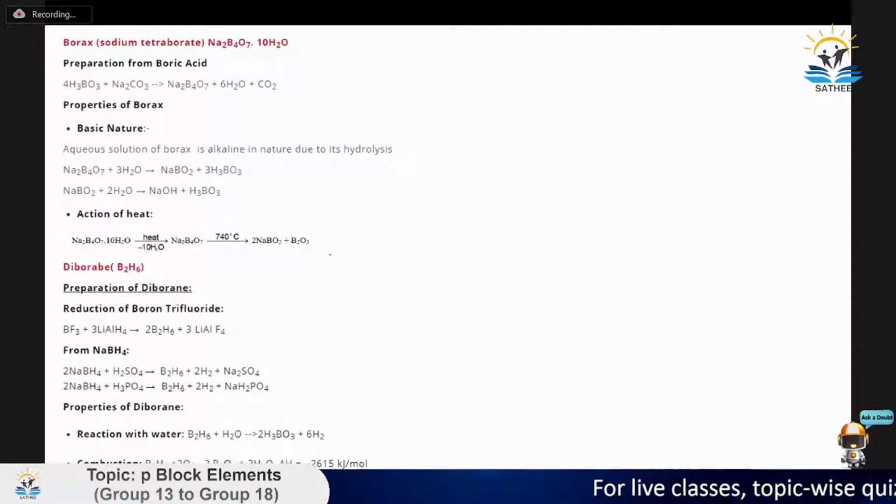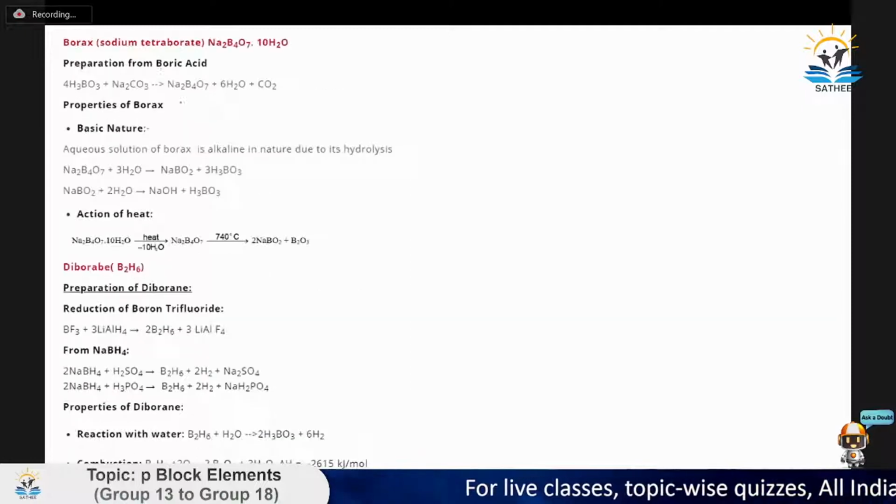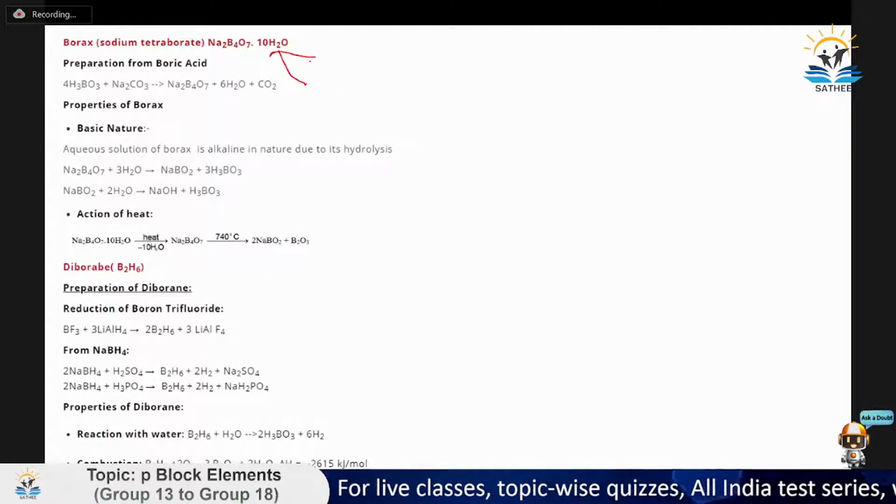Another one we talked about is borax. We saw borax over here, but this is dehydrated borax. Borax is generally in this form. You can use H3BO3 and react it with Na2CO3 to give Na2B4O7, which is your borax.